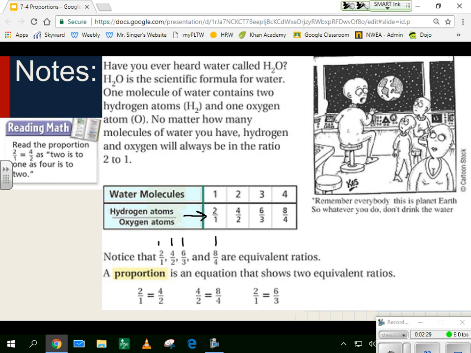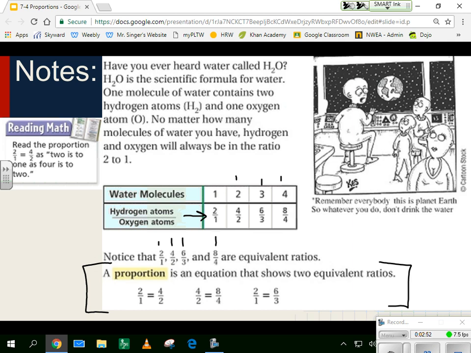So really what we're doing is we're showing several different proportions. So a proportion is an equal equation that shows 2 equivalent ratios. And as you can see here, we have 1, 2, 3 equivalent ratios based on our original ratio. So if you have 2 next to each other, those are proportions.